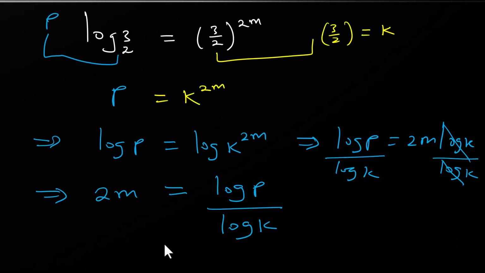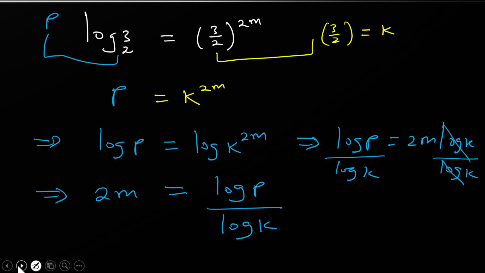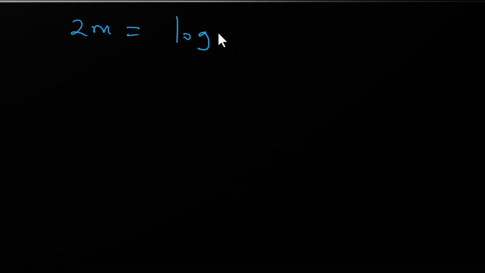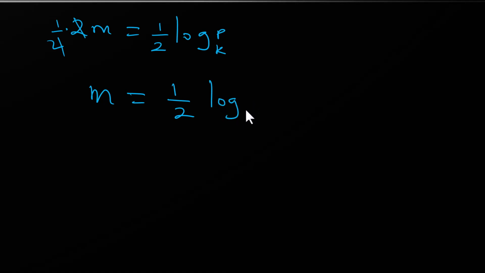So we have 2m as log p to base k, and we can divide both sides by 2, or we can multiply both sides by 1 over 2, where this one will go. So my m is half log p to base k.